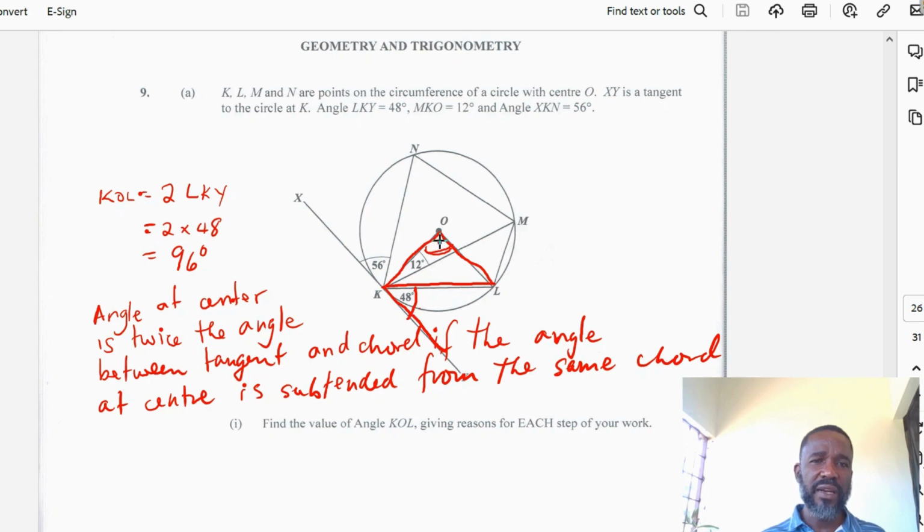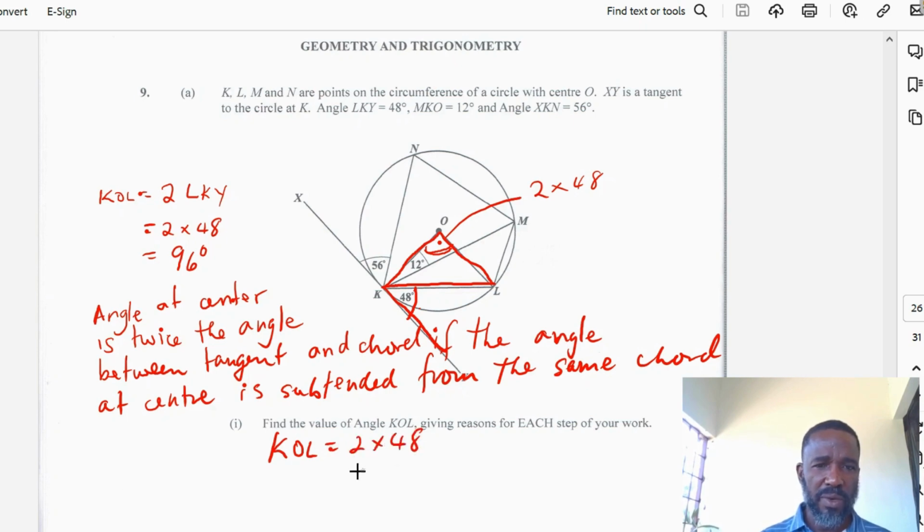So this angle here is equal to 2 times 48. So that's how you would have got the answer to that question. So KOL again is equal to 2 times 48, which is equal to 96 degrees. Okay, and that's how we would have got the question.